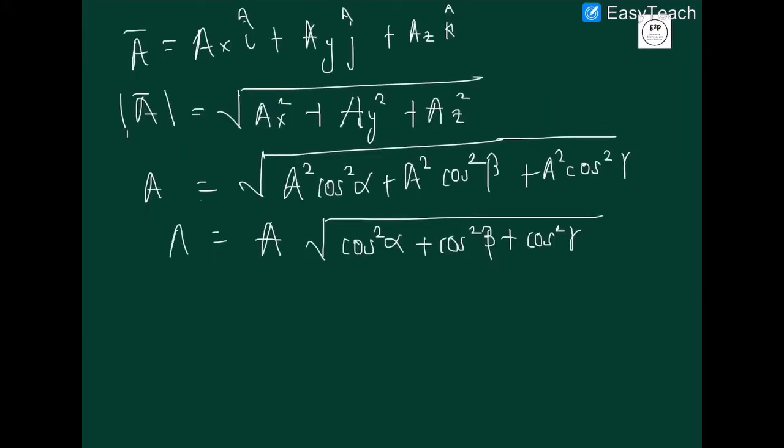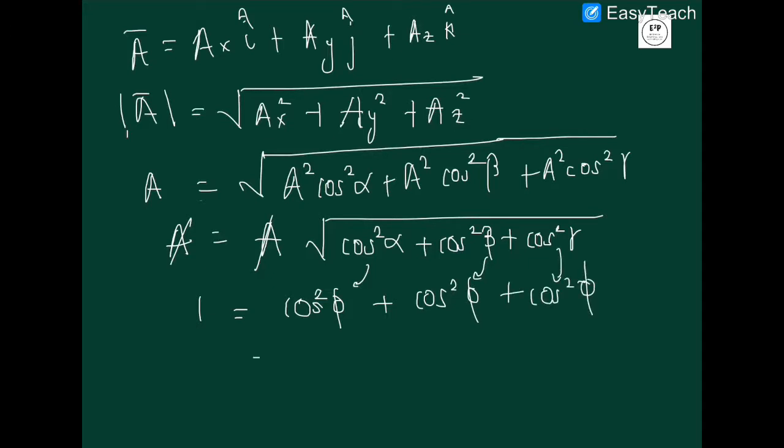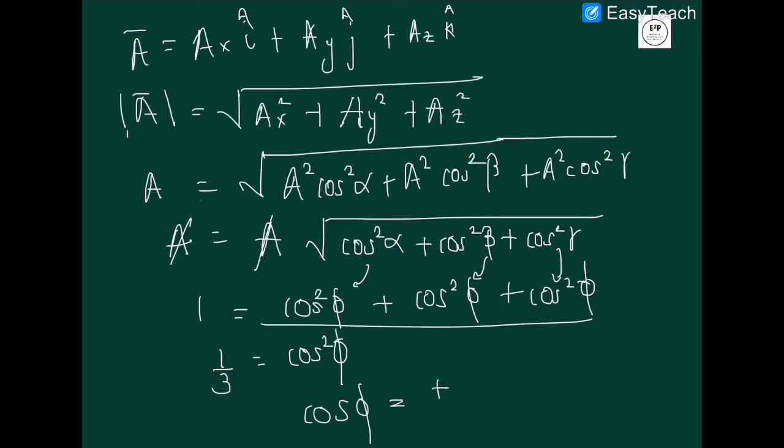Now over here we can cancel our A, and after taking squares on both sides, 1 equals cos square phi for this plus cos square phi for this, and similarly cos square phi for this. So we have 1 by 3 equals cos square phi. We added all three terms and transposed our 3 over to the left hand side. Now cos phi has two values.